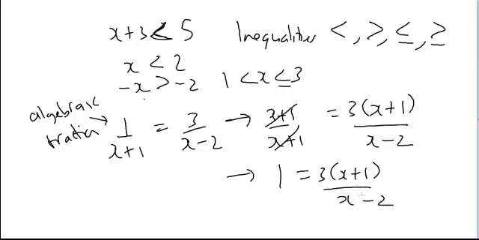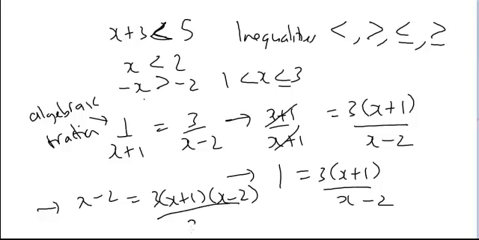So then I multiply both sides by x minus 2 to bring this up. So next I get x minus 2 is equal to 3 times x plus 1 times x minus 2 divided by x minus 2. Well, now these x minus 2's cancel. So I have x minus 2 is equal to 3 times x plus 1.